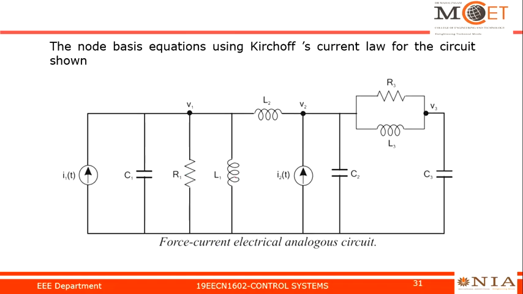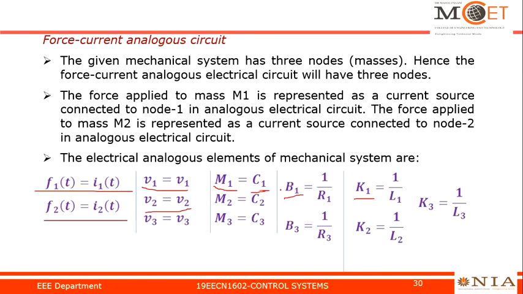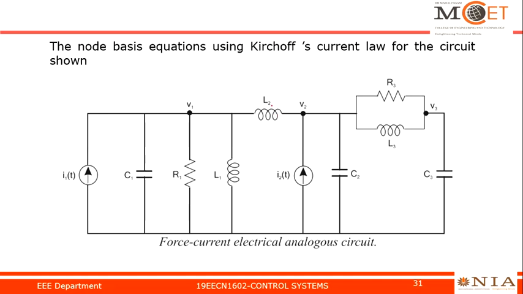So B1 becomes R1. And then L1 is there, spring 1 by L1. Common to V1 and V2, there will be a spring, that is L2. And I1 of t is there with the node 1.